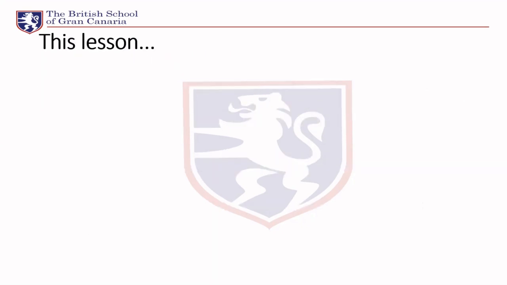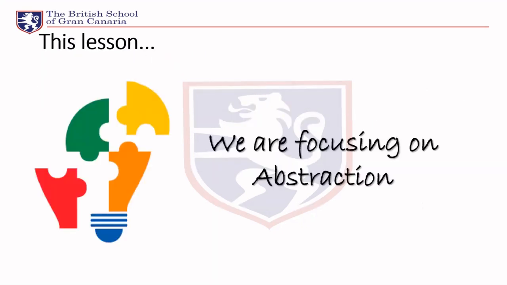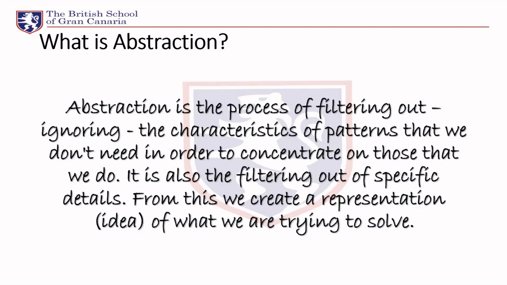So this lesson, you're going to look at abstraction. We're going to abstract a problem. Abstraction is a process of filtering out or ignoring the characteristics of patterns that we don't need in order to concentrate on those that we do.